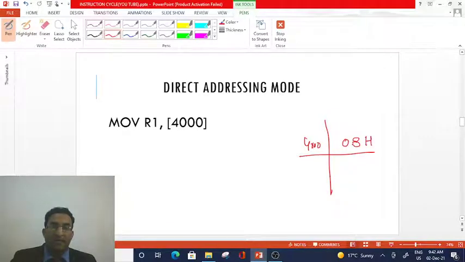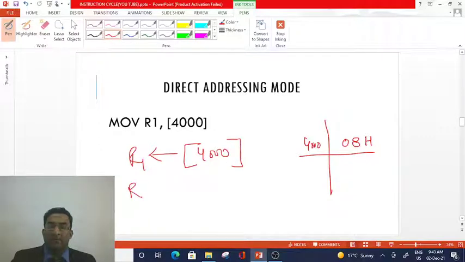This data is written in hexadecimal format. So move R1 comma square bracket 4000 means we have to move the value present on 4000 location to the R1 register. So if we write it in a register transfer language, this is basically this thing 4000.